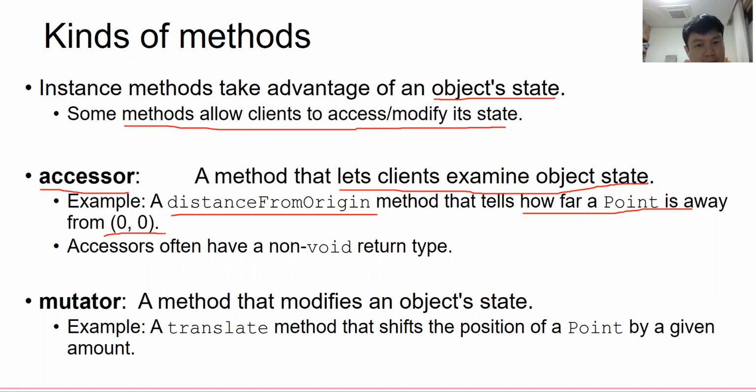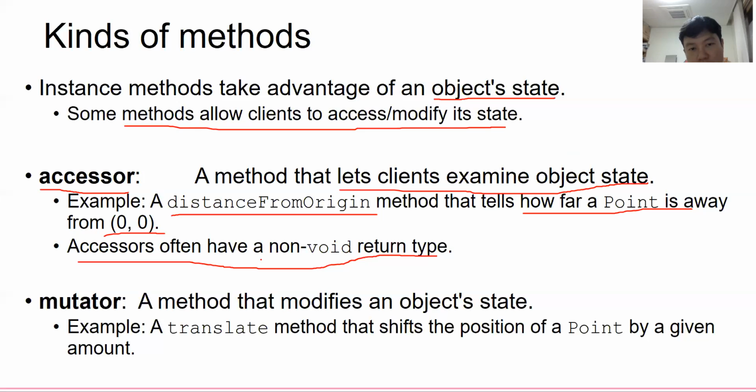In this case, the accessor often has a non-void return type, because I want to get the value. I want to access a particular value, then the method will have a value.